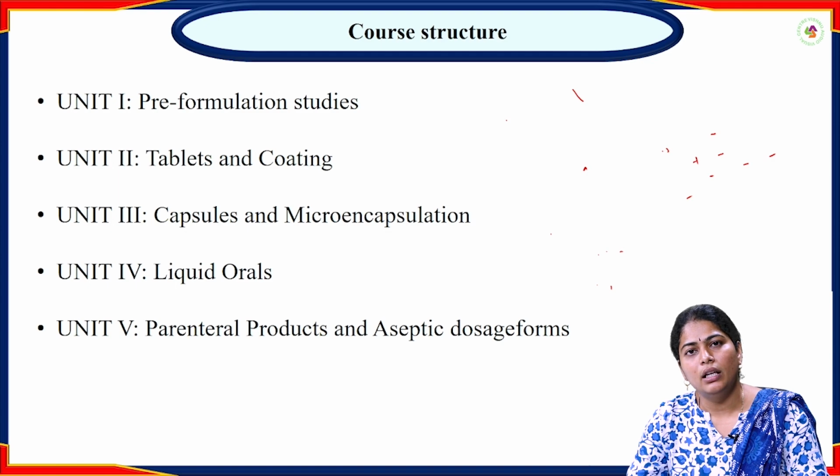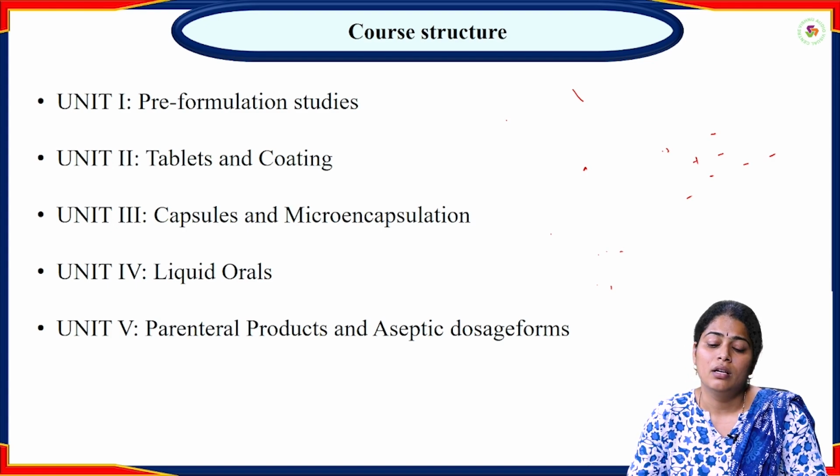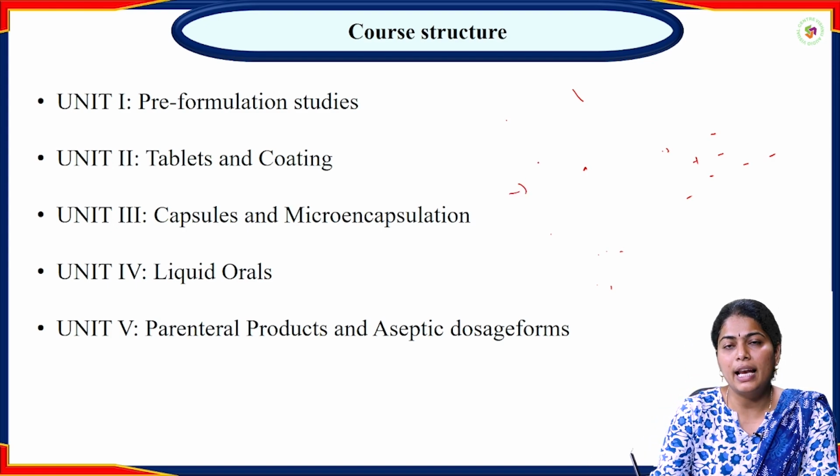Next, unit 3 is capsules and microencapsulation. Like tablets, capsules are single dosage forms where the medicament is enclosed in a capsule shell. So in the capsules, initially we'll start with preparation of gelatin.